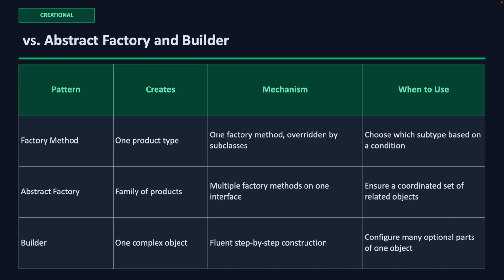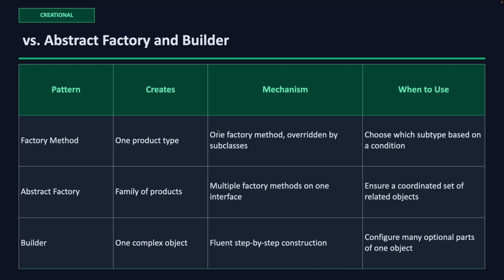The abstract factory will create a family of coordinated product types via multiple factory methods. If you extended this demo so each response type also created a coordinated notification banner and a status icon, all from the same factory, then that would be abstract factory territory. This repo has an abstract factory pattern that shows this in action with the coordinated UI theme.